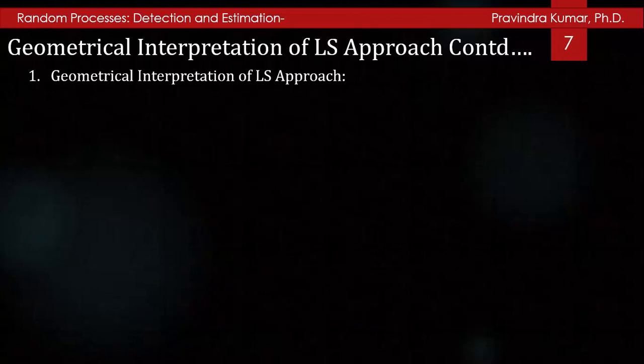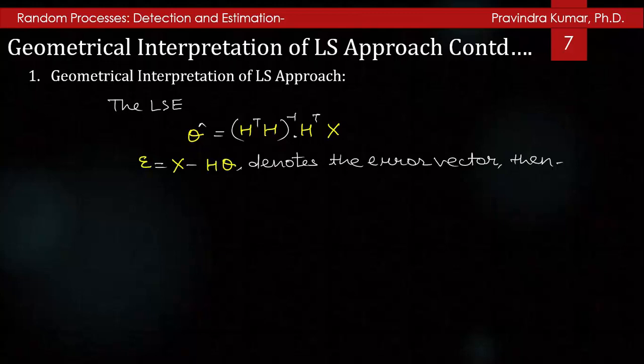We get the least square estimate as θ cap = (H^T H)^(-1) H^T x, and the error vector ε is x − Hθ. Then we can have ε^T H = 0^T. The error vector must be orthogonal to the columns of H, and this is known as the orthogonality principle.